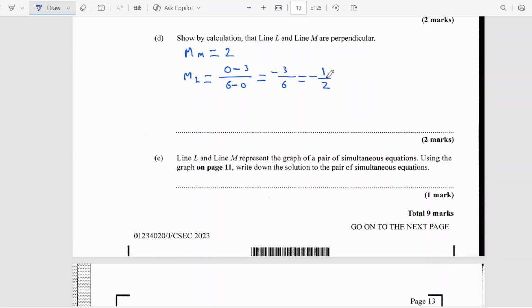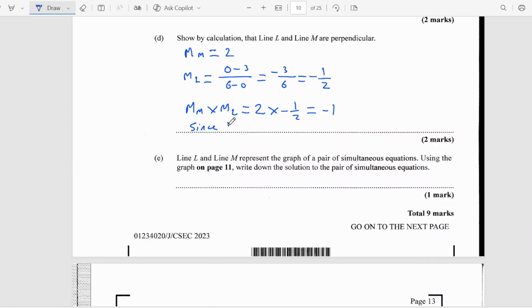Right, so the gradient of M and the gradient of L we know, and I want us to show by calculation that it's perpendicular. By calculation, what we need to do is take the gradient of M multiplied by the gradient of L, 2 multiplied by negative a half, and when you multiply it, you get negative 1. And one of the rules says that once 2 lines are perpendicular, their product will give you negative 1.